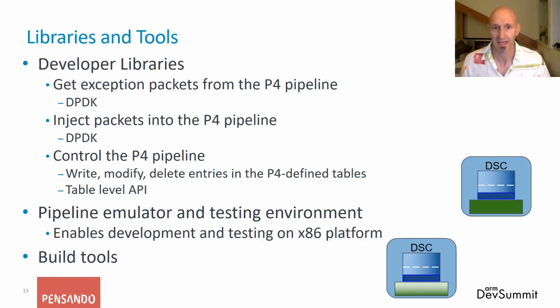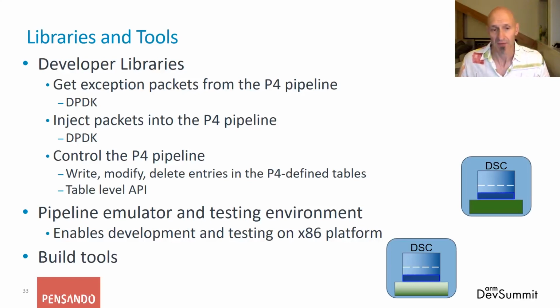fast data path. And finally, since the packet processing pipeline is programmable through P4, and P4 allows defining tables, we have a set of libraries which we call the table level API that allows the software running on the ARM core to write, modify, and delete entries in the tables that have been defined in the packet processing pipelines.